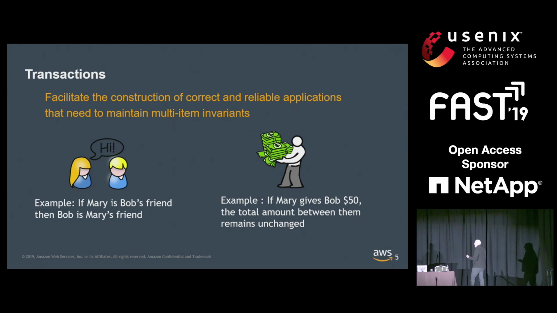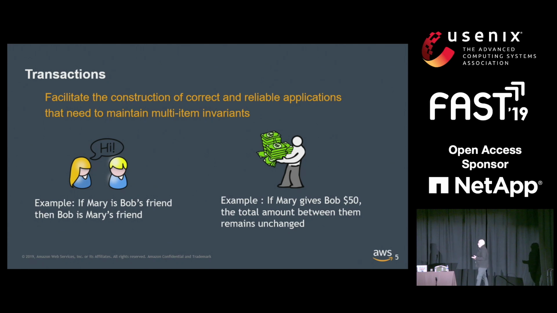Why do we want transactions? Those of you who have used transactions know that they're wonderful. They help developers write correct, reliable programs that want to maintain invariants that span multiple items in your database. These types of multi-item invariants are all over in applications that you look at.